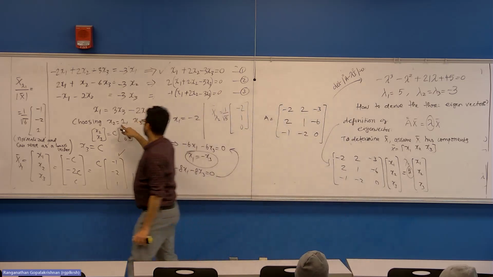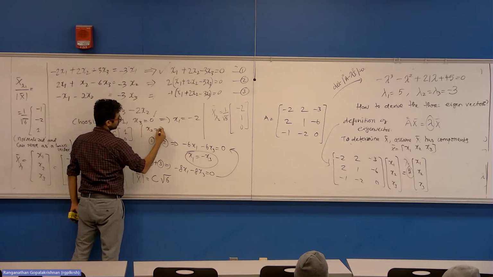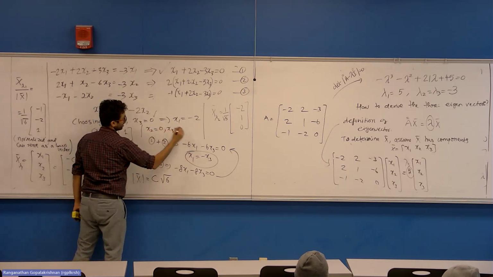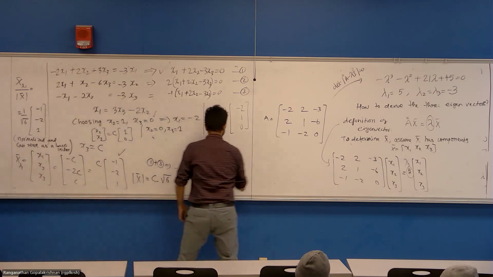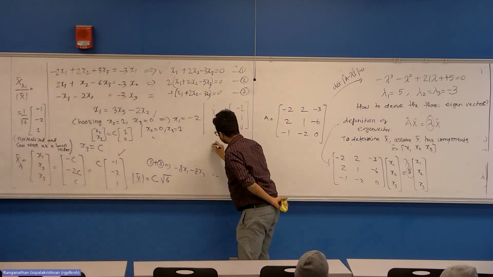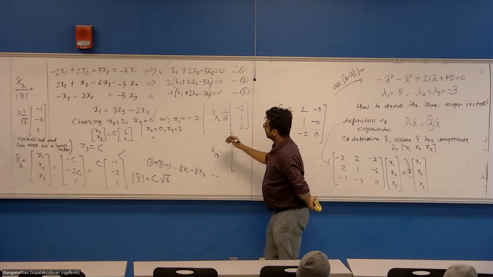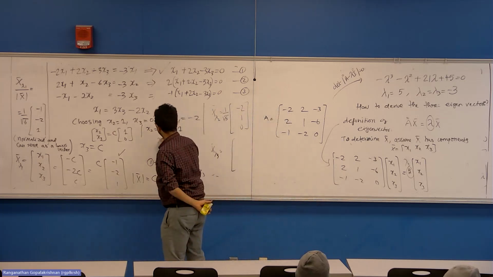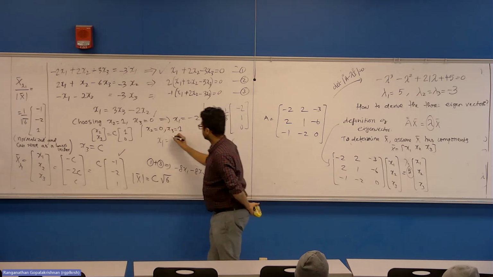So if you did 1, 0 before, maybe now we'll do x2 equal to 0, x3 equal to 1. So x corresponding to lambda 3 would be, what is x1 in this case? 3 minus 2, or 3 is just 3.